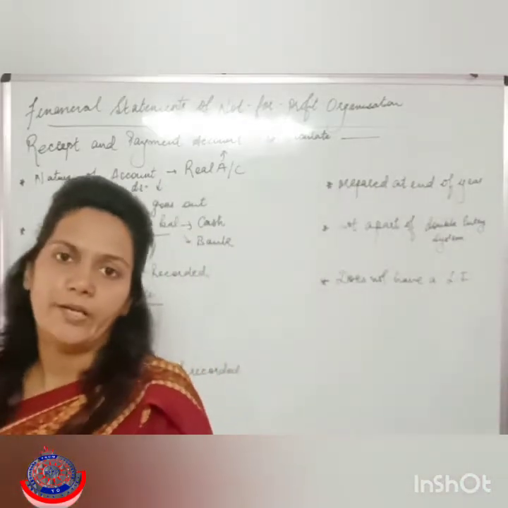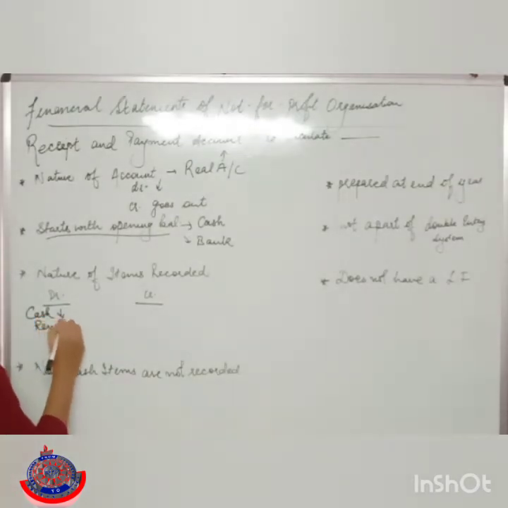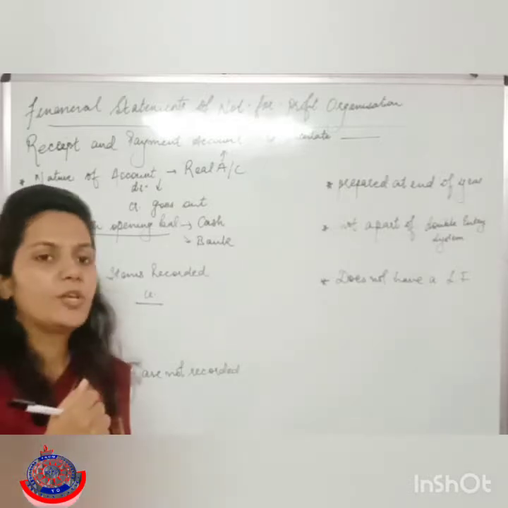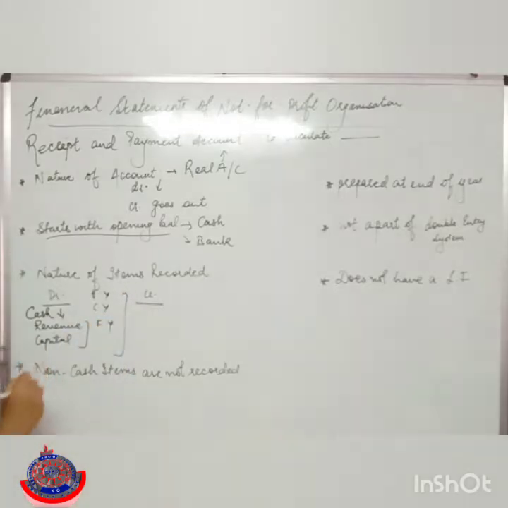In receipt and payment account, we are recording that cash is coming into the business, irrespective of this thing, that whether the cash comes from a revenue transaction or a capital transaction, or whether the cash belongs to current year, previous year, or the following year, right?